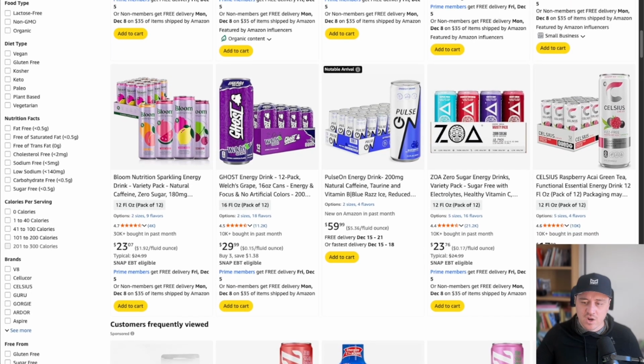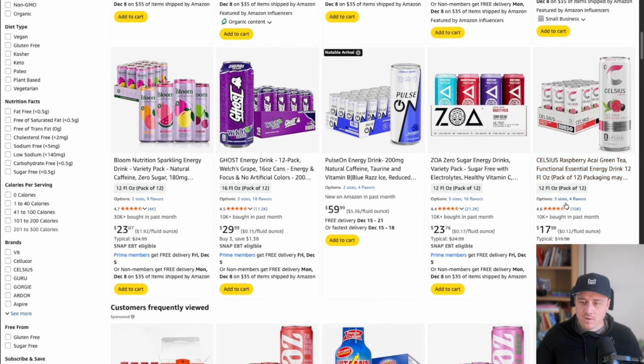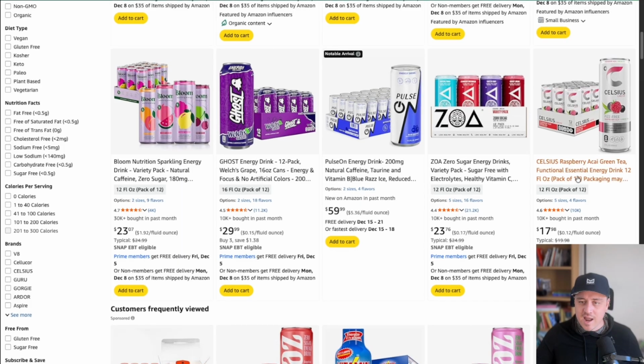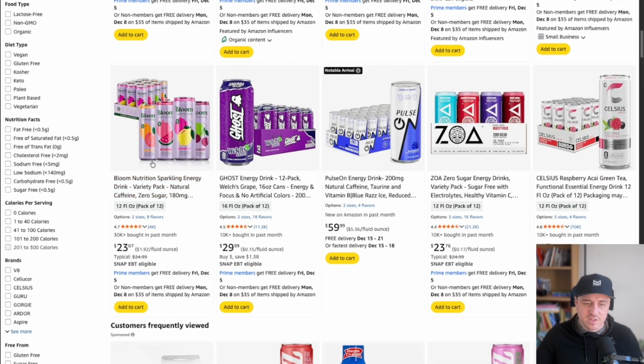We have $18. Immediately, my mind goes to Celsius because it's only about 12 cents per fluid ounce. It's actually on sale. It's typically $19.98, but it's $17.98 right now. Why Bloom does have the first position in this case is because they have a bit of a higher ranking. Their price is at $23, which is quite lower than what it normally is.